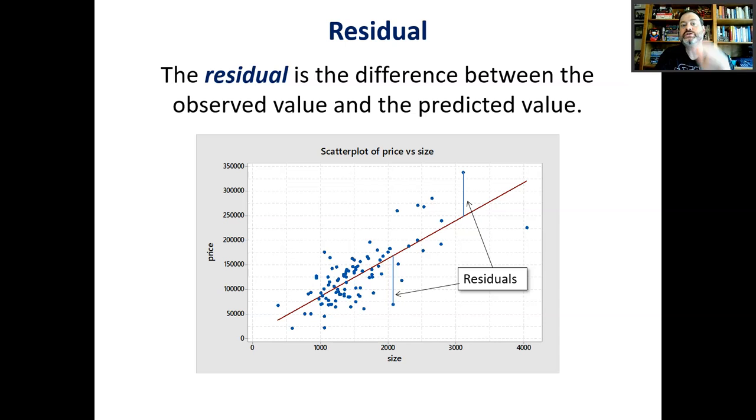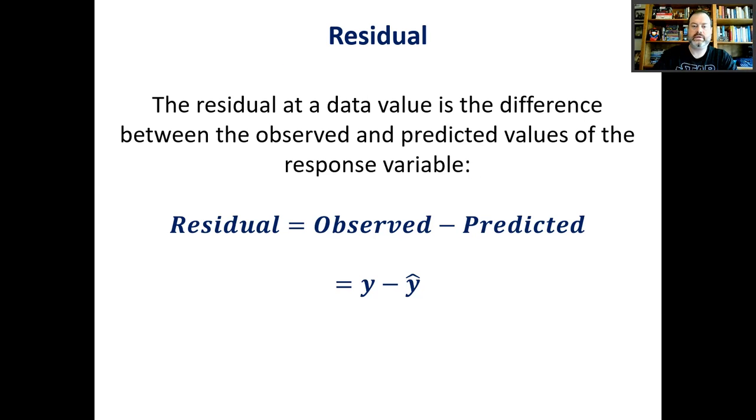The residuals are allowed to be negative. Okay, so it's not really a distance. It's like a signed distance. So you get this formula, right? The residual is just whatever the actual cost of the house is minus the predicted value. And it reduces to just y minus y hat.